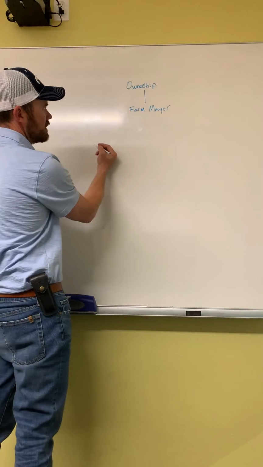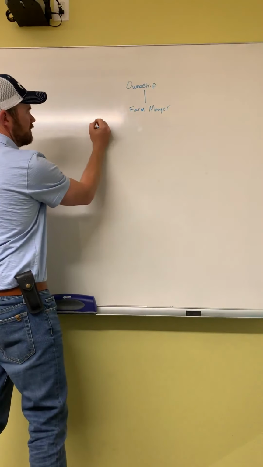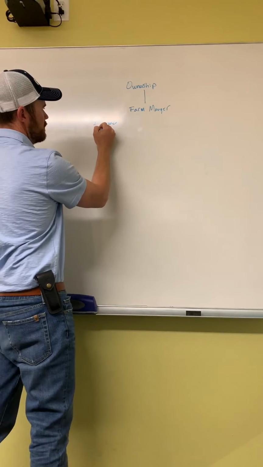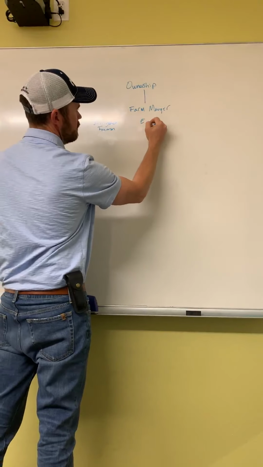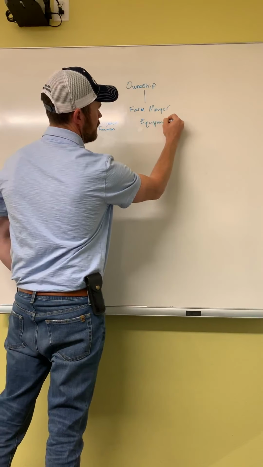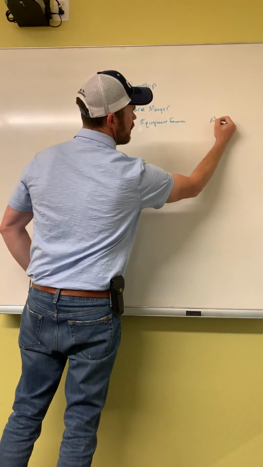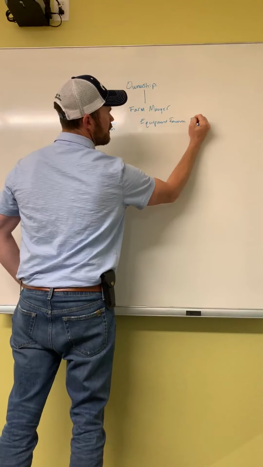Now the farm manager is going to have a number of people under him. He's going to have an irrigation foreman or manager, an equipment foreman, and probably an agronomist. Probably getting off the screen over there with that. So, agronomist.